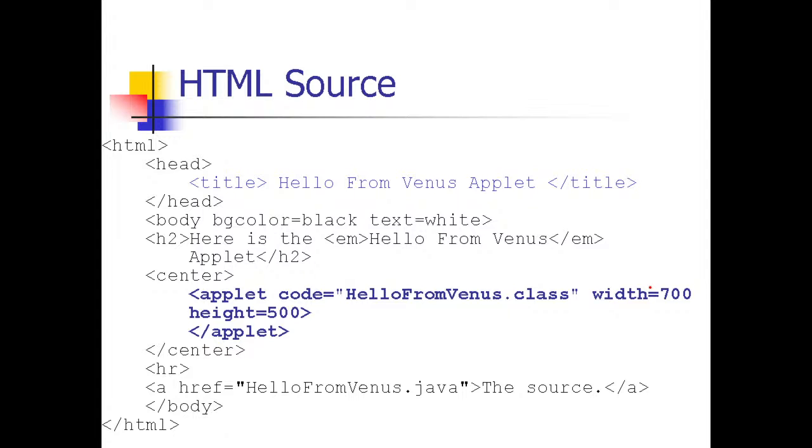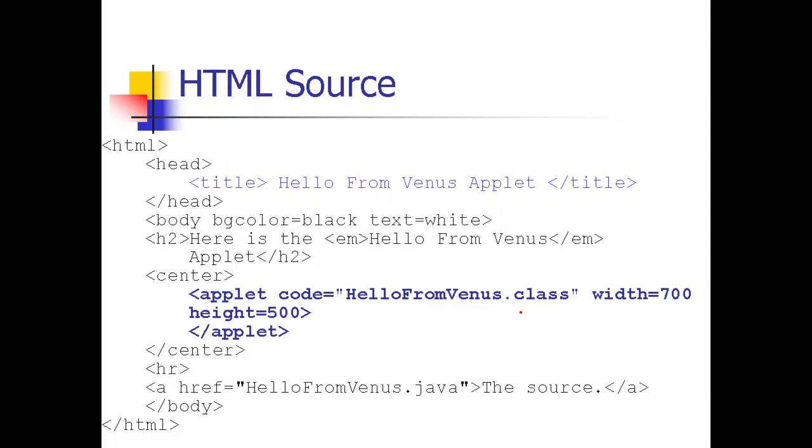Next, we have to create an HTML source code for embedding the .class file of the applet. It is the same as the previous one. In this HTML code we had mentioned the head, then we had set the body color as well, then given the code, and then applet code equals hello from Venus.class.